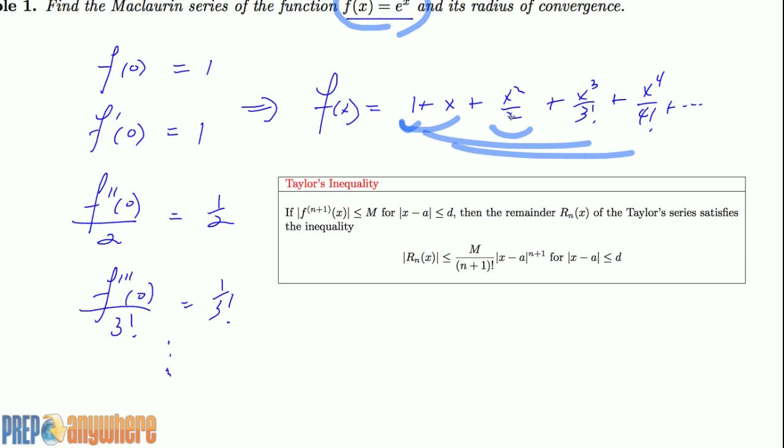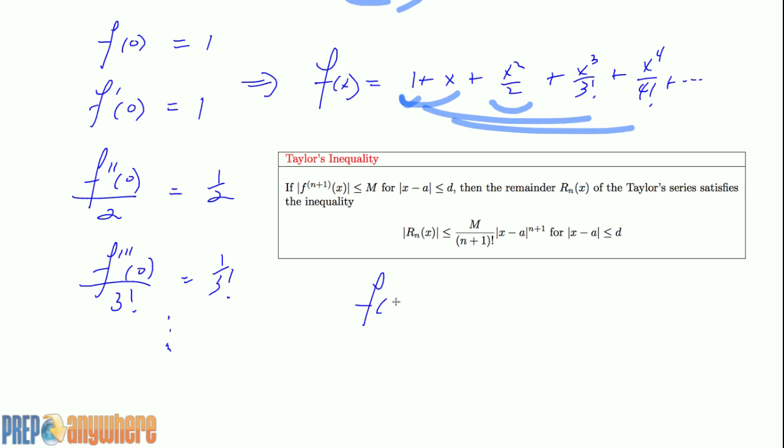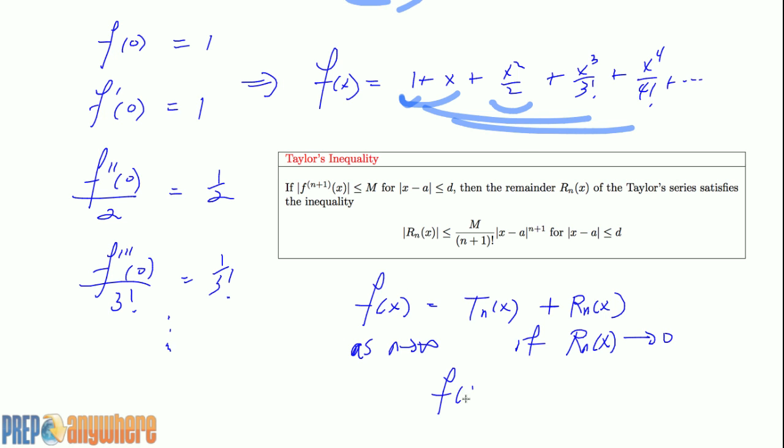But how do you know this actually is a representation? We discussed how the Taylor expansion plus remainder will form the function. Now, as n approaches infinity, if the remainder happens to approach 0, that means I can say the function and the Taylor infinite series are equal to each other.